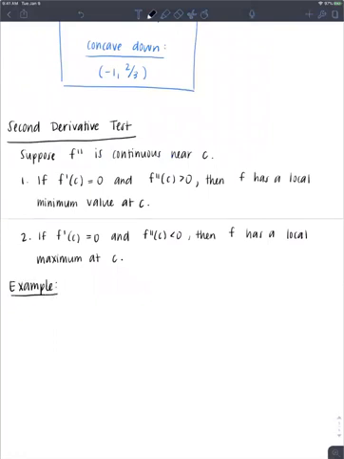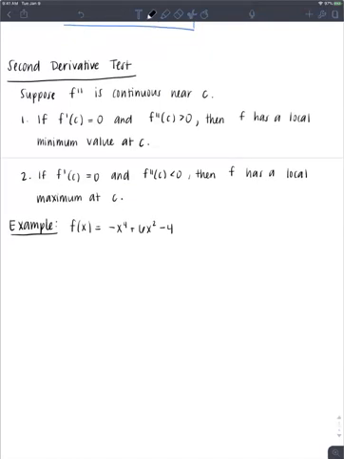So let's look at the function f of x equals -x to the 4th plus 6x squared minus 4. And let's just find all the mins and maxes. So find extreme values.